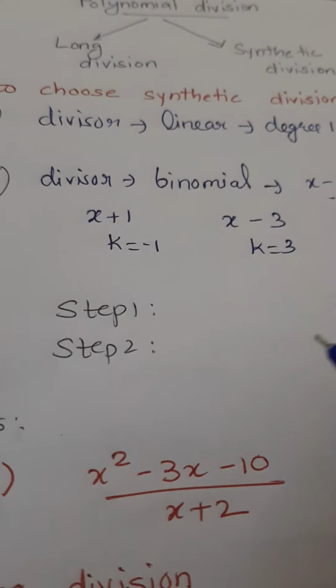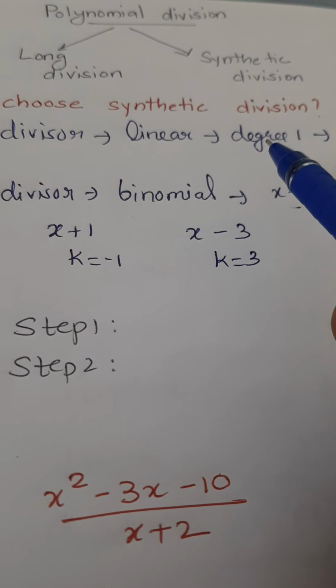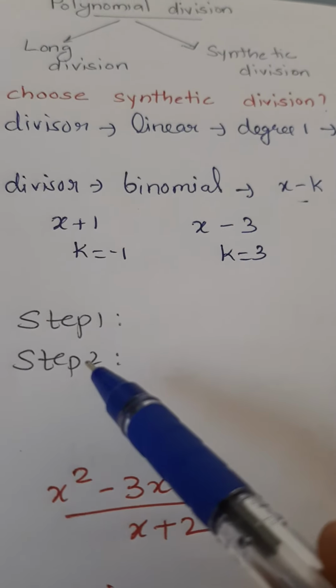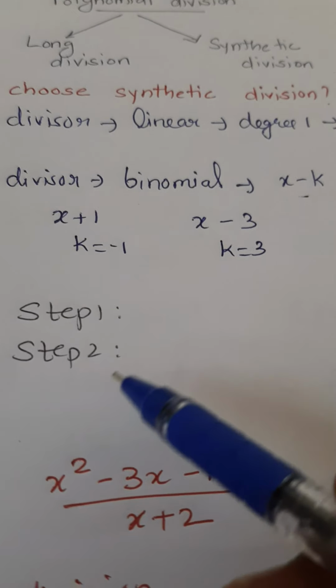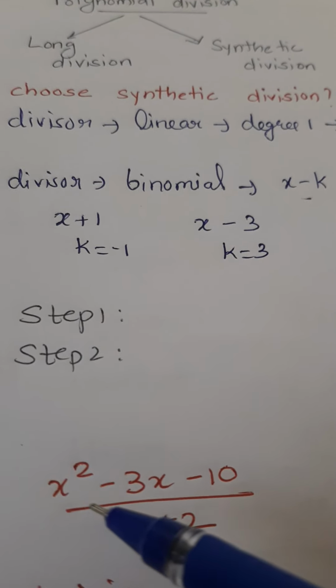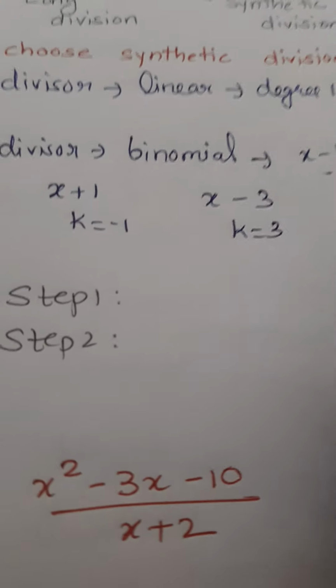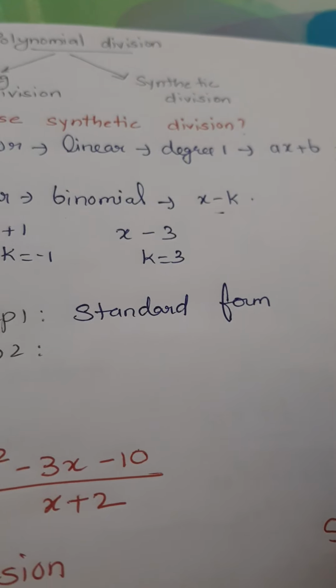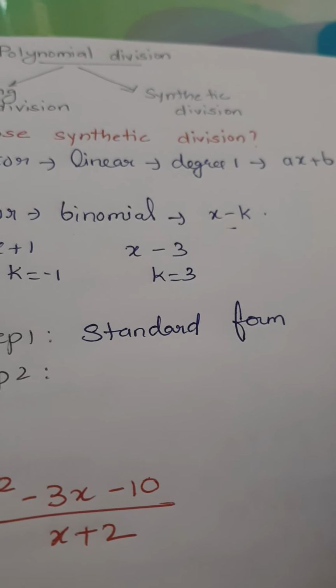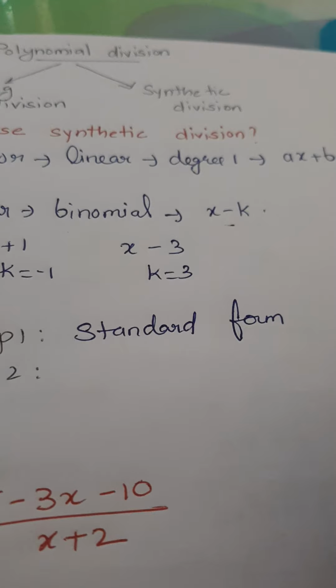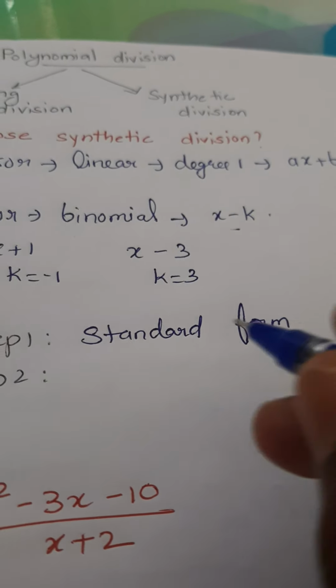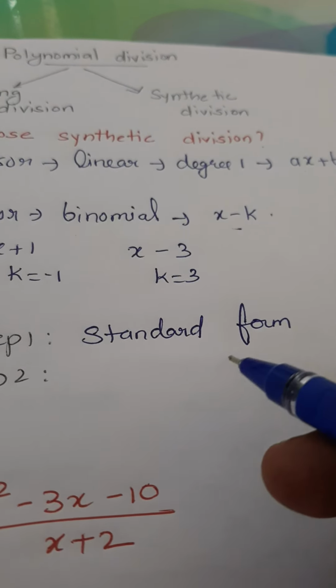In order to perform synthetic division there are two steps that we should first check, and these two steps are the same as in the long division method. The first step is that any given polynomial should be in its standard form. If it is not, we have to rearrange it. Standard form means the exponents of the variable are arranged in descending order, from the highest exponent to the lowest.